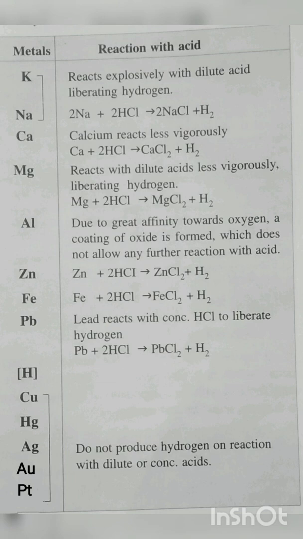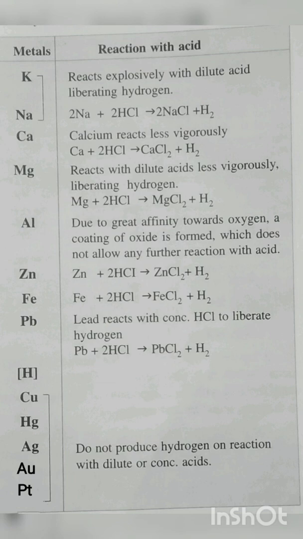Magnesium also reacts with dilute acids to produce hydrogen, but the reaction is not vigorous. So, as we move down the metal activity series, the reaction with acids becomes less vigorous.